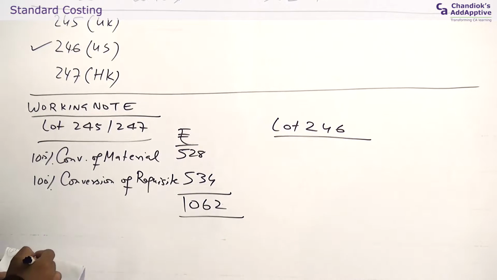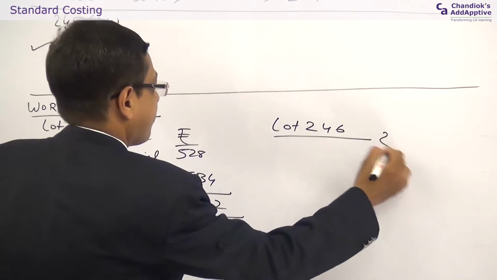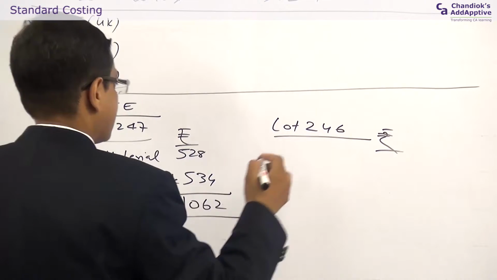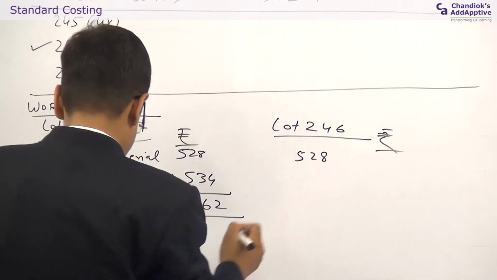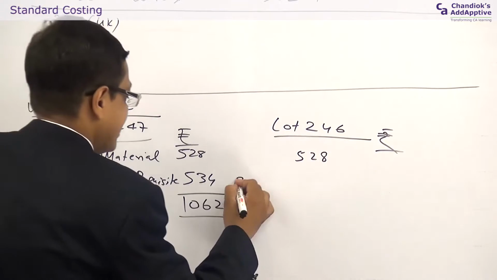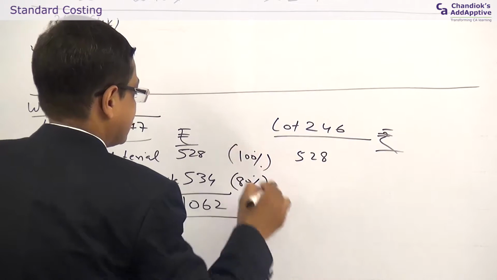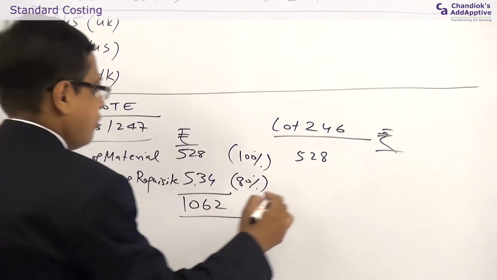But in case of lot 246, what you notice? It is 100% conversion of material cost, same thing, it is 528, and here 80% is the conversion. Here it was 100%. So, for 80%, you have to take 80% of 534.